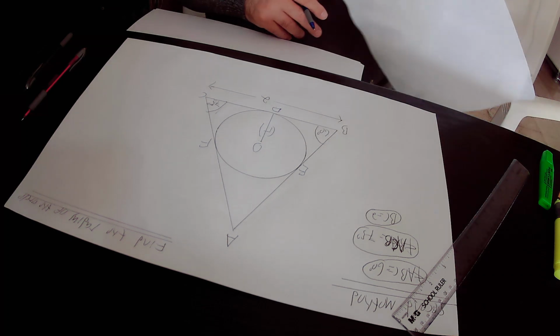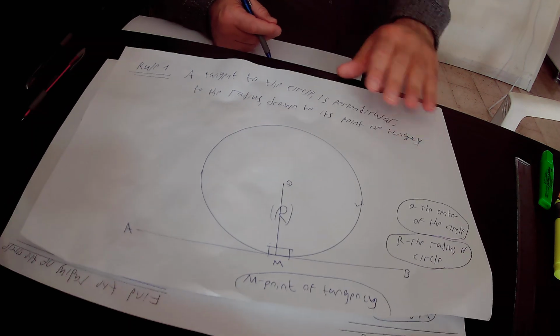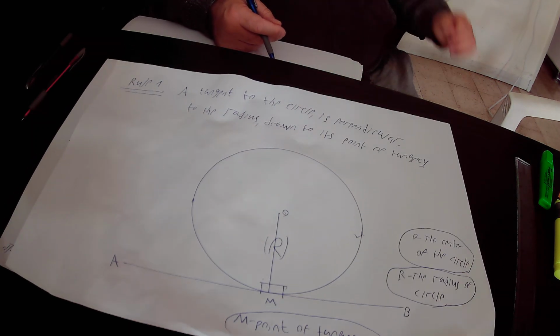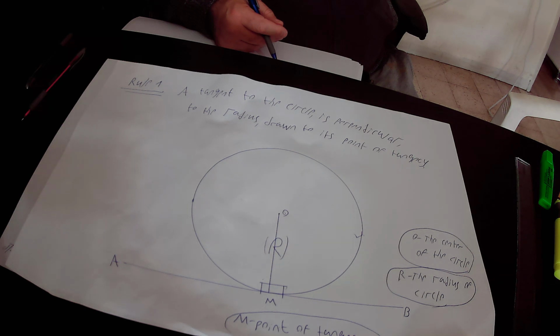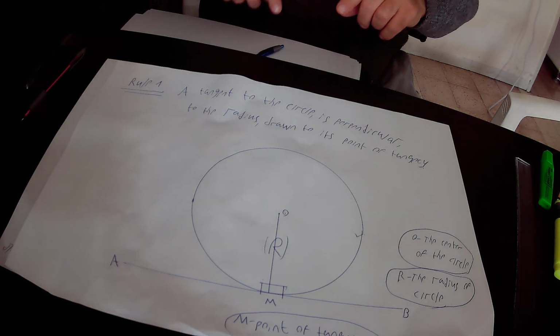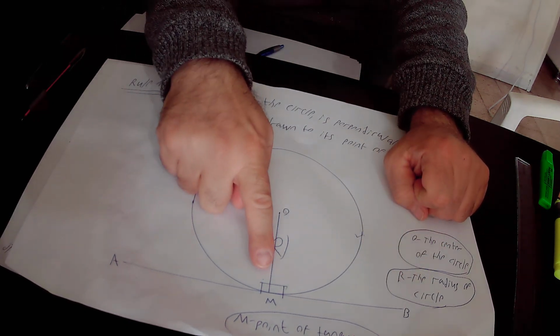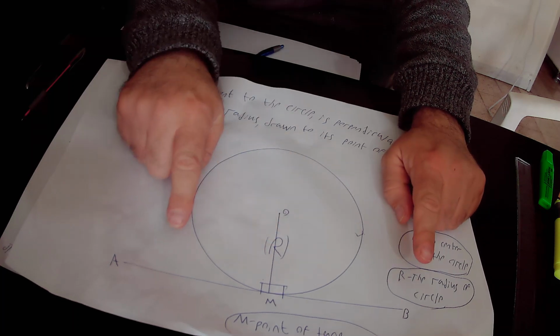I'll repeat quickly rule number 1. According to rule number 1, a tangent to the circle is perpendicular to the radius drawn to its point of tangency. So in the drawing we have tangent AB, that is tangent to this circle at point M. Point M is the point of tangency of tangent AB with this circle.